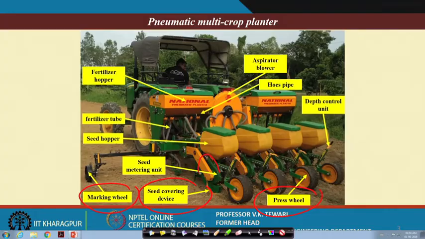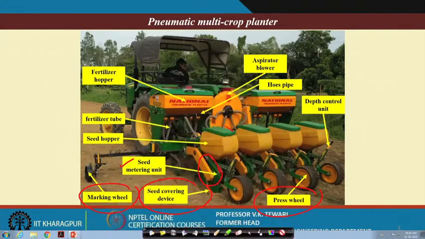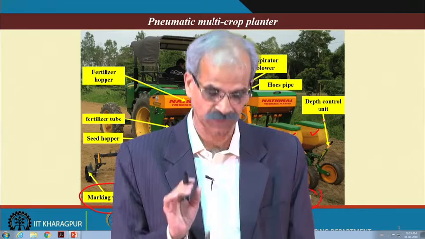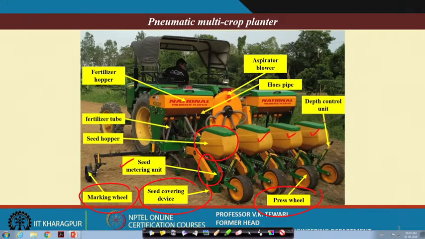Then the seed metering unit. Well, this is the seed metering unit here, where the seed is metered from its hopper. Then the seed hopper, this is the seed hopper here. There are individual 4 hoppers, as you can see. Now, this is a multi-crop planter, and it is also a fertilizer unit as well. That is why the fertilizer hopper is also given over here.